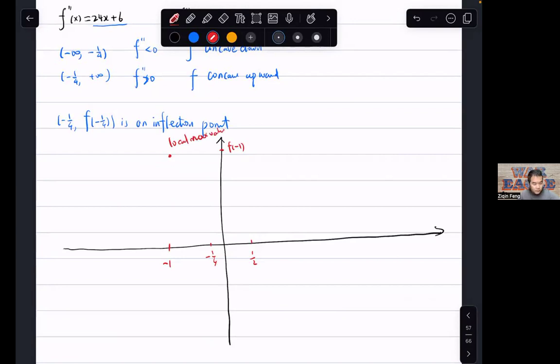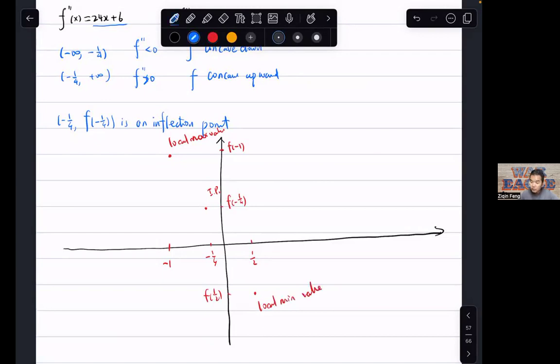F of -1/4 is an inflection point. So this is our inflection point. At 1/2, this is a local minimum value, right?